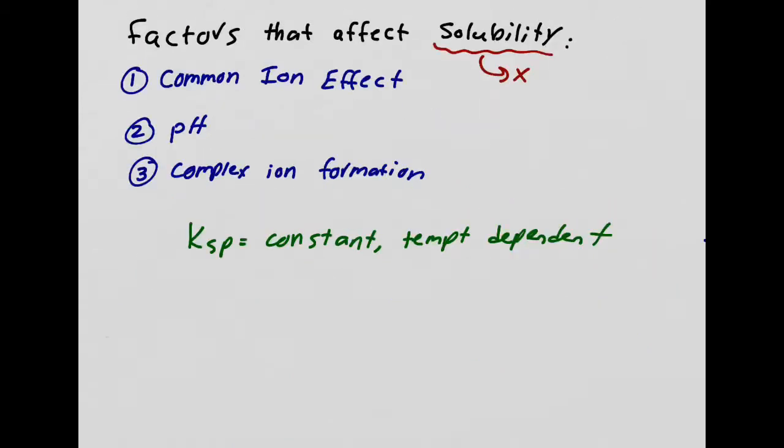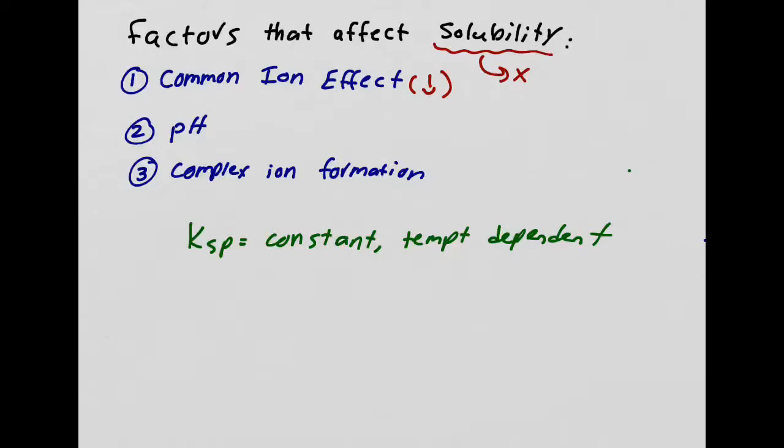So what does that mean with common ion effect? What's going to happen to the solubility? Solubility would decrease, right? So solubility will go down for the common ion effect. Again, why would it go down?